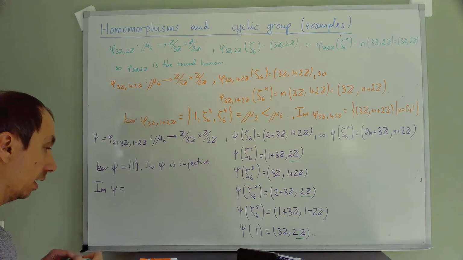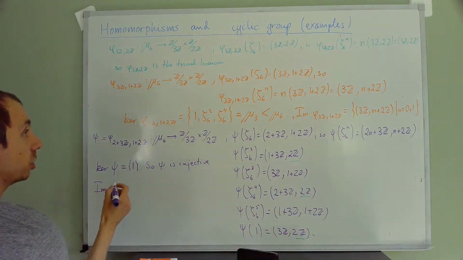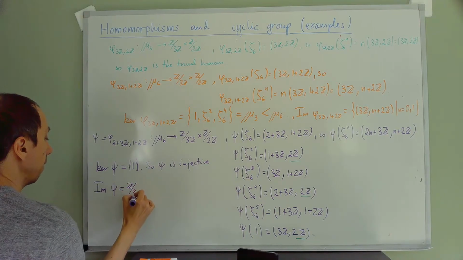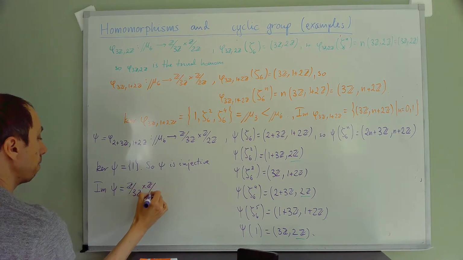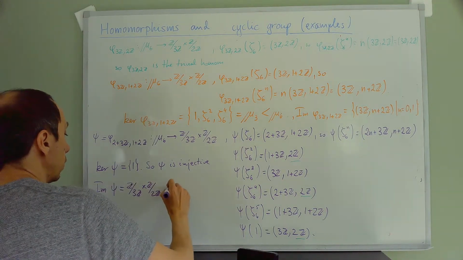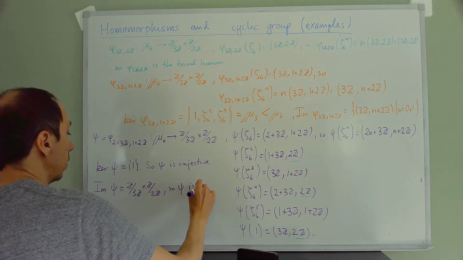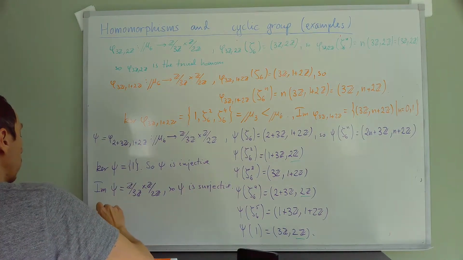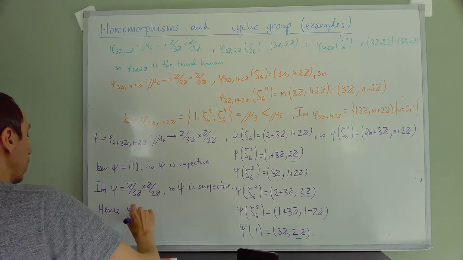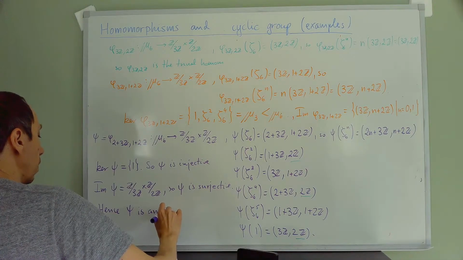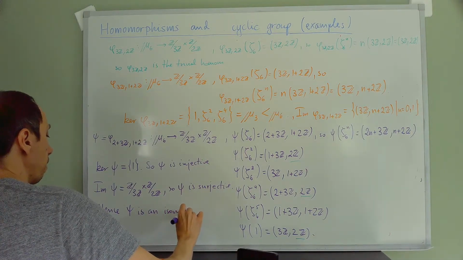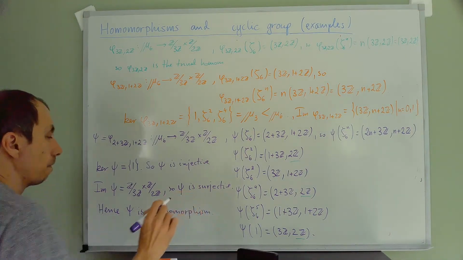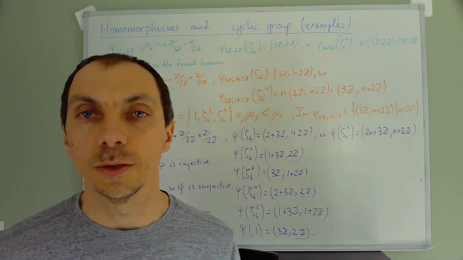So I also get everything. So the map is surjective, the image is everything. So psi is surjective. Hence psi is an isomorphism.